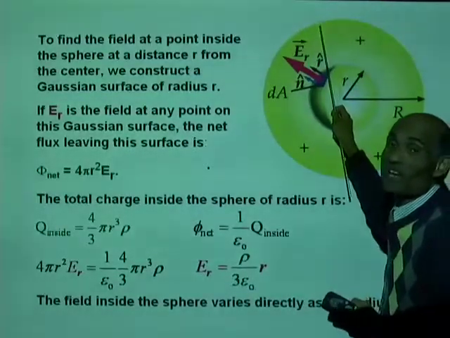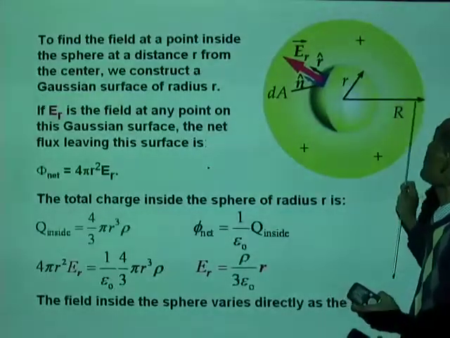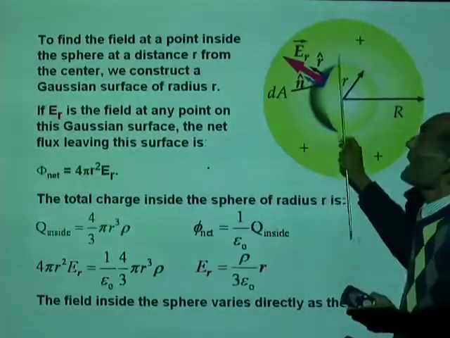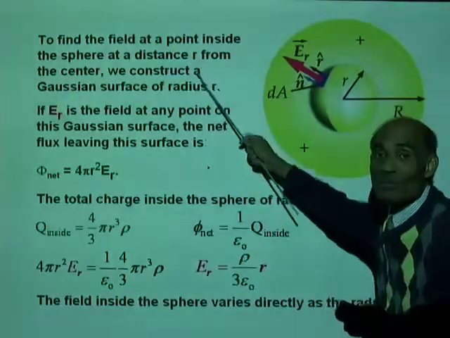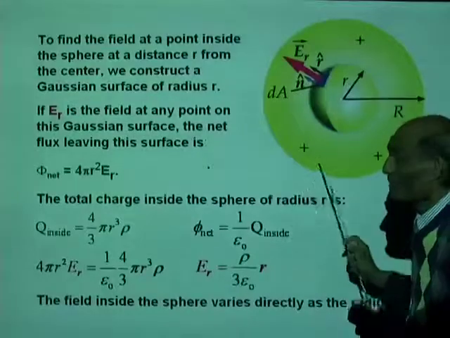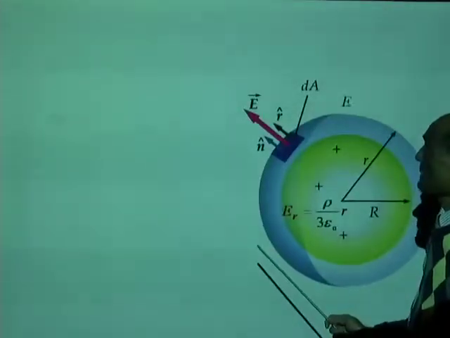What is the electric field at the surface? kQ over the square of the radius. And if you go outside the sphere, the electric field will decrease. Alright, let's draw a graph representing that.